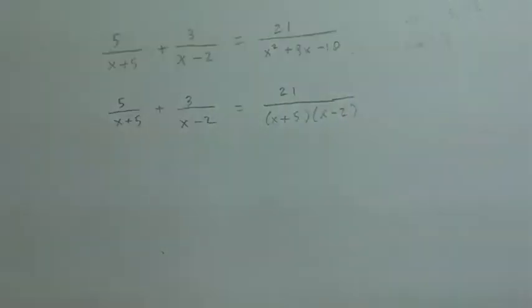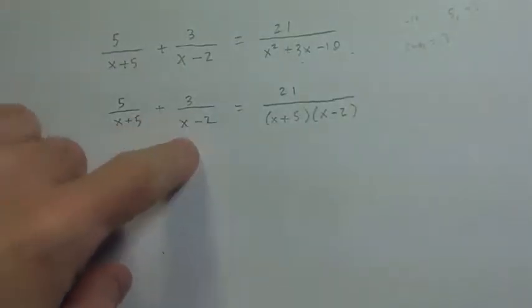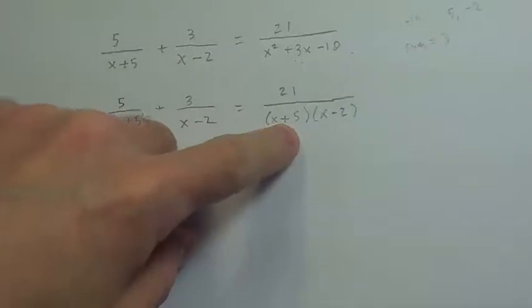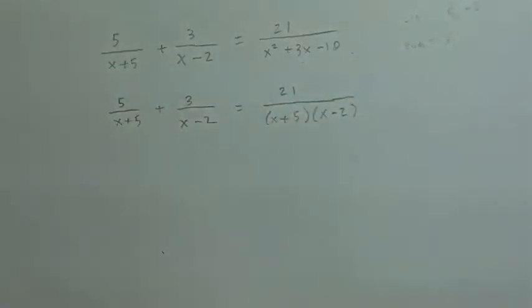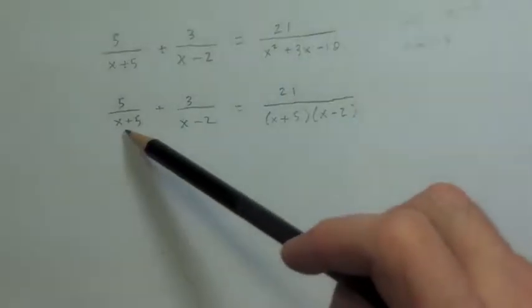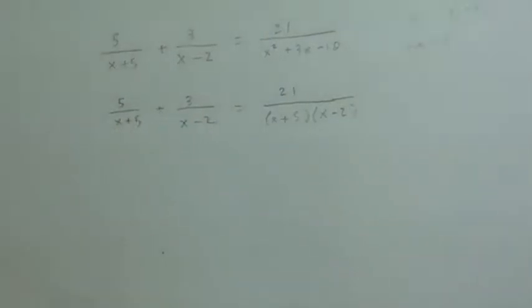All right, so this is starting to clear up a little bit. What we have here is really two denominator pieces, right? We have an x plus 5, we have an x minus 2, x plus 5, x minus 2. So this denominator is made up of these two. Okay? So, what makes these equal to 0? Well, if I plug in a negative 5, this denominator will be 0.